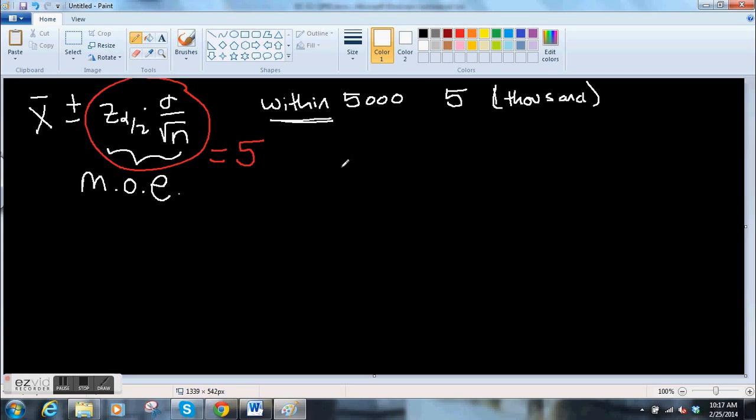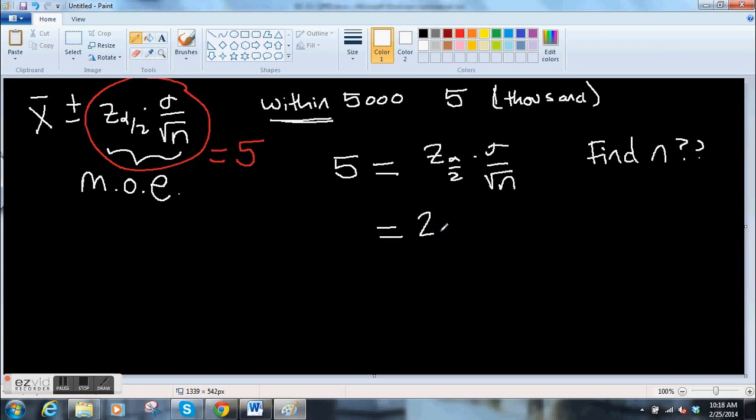So you want to set this up so that you have 5 is equal to z alpha over 2 times sigma over the square root of n, and we're trying to find n. So we know that z alpha over 2 is 2.576, because that was 99% confidence.